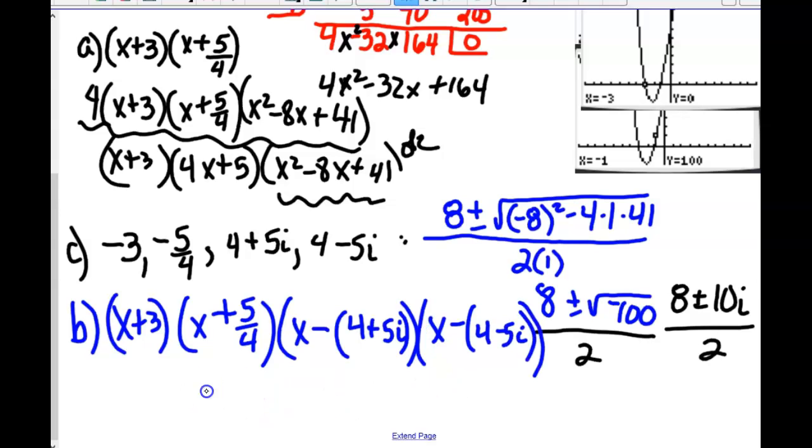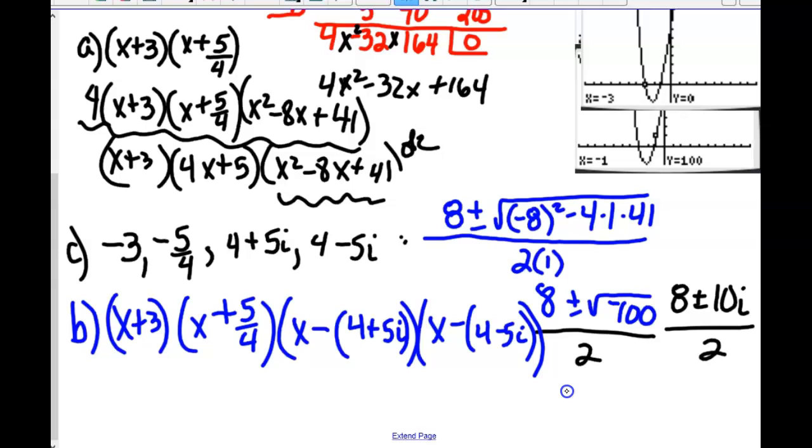Okay, does anybody know why this answer is wrong? No, it wanted linear factors, so those are the linear factors, okay? The issue, guys, is that if I foiled all that back together, besides a huge migraine, I would get the wrong answer.